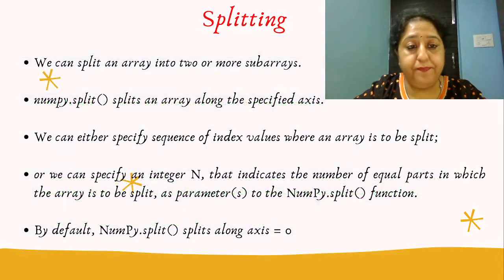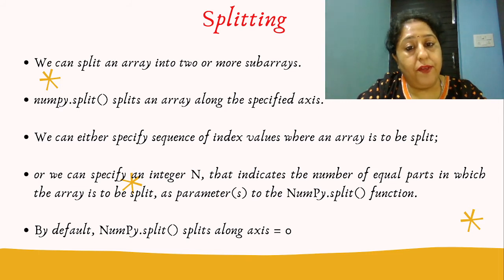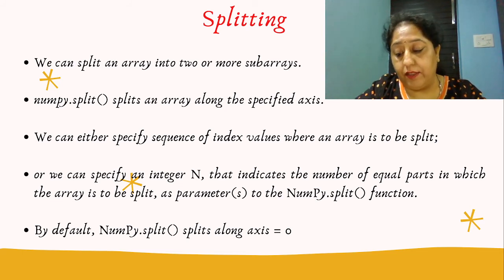Moving back here, the third last line says we can specify a sequence of index values where an array is to be split. So the sequence of index values was given in the form of a list of values. By default, NumPy will split the array along axis 0.